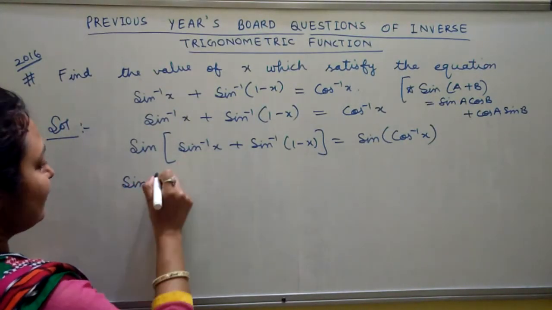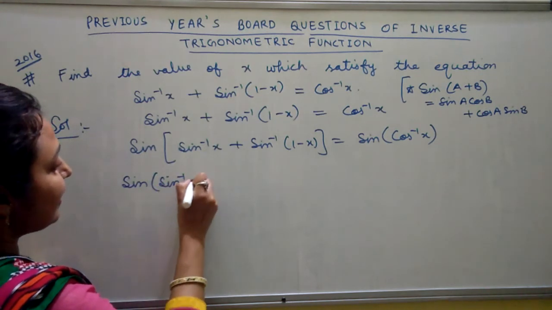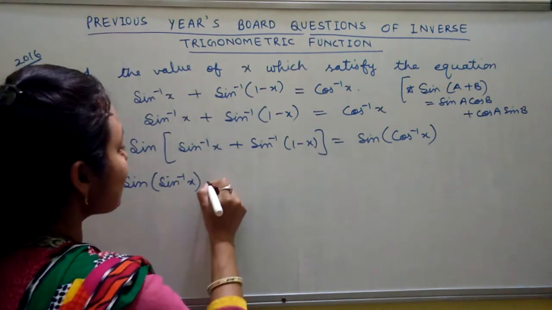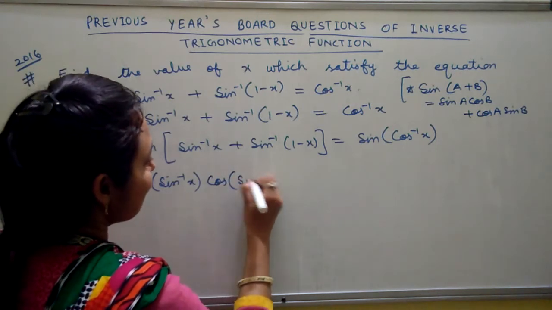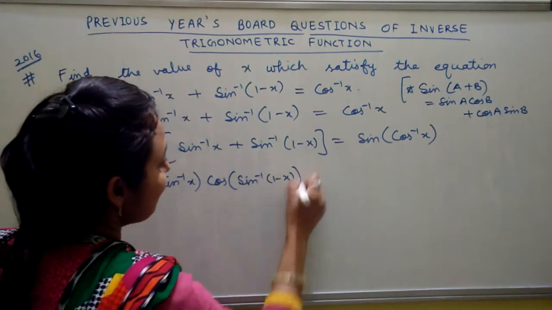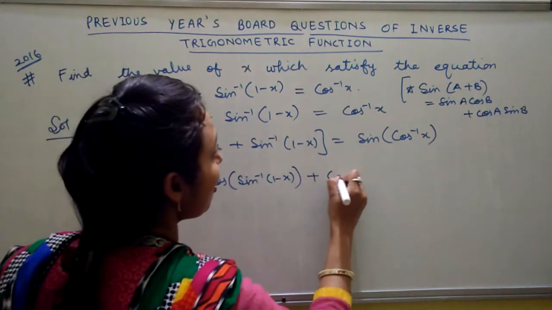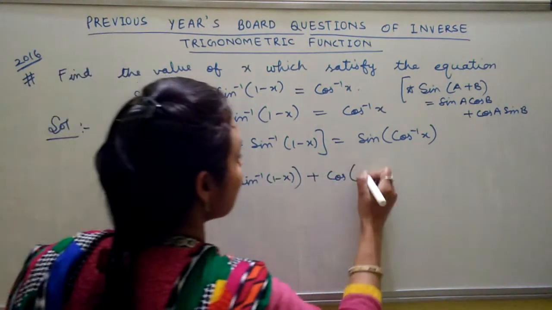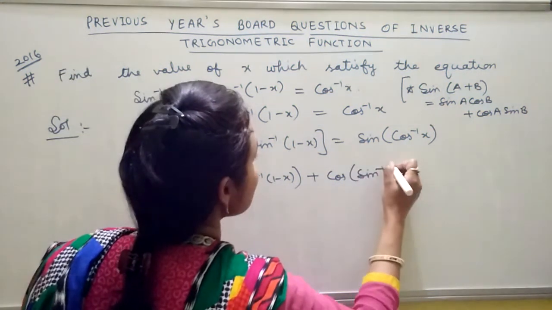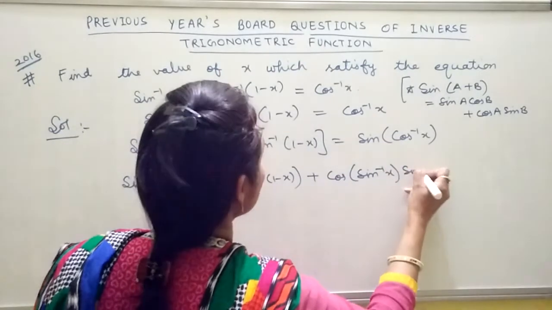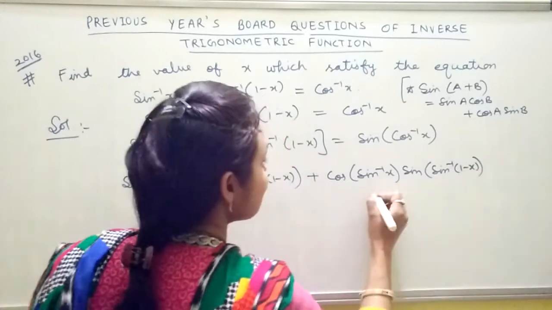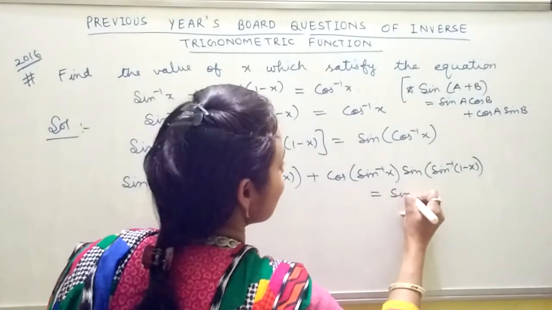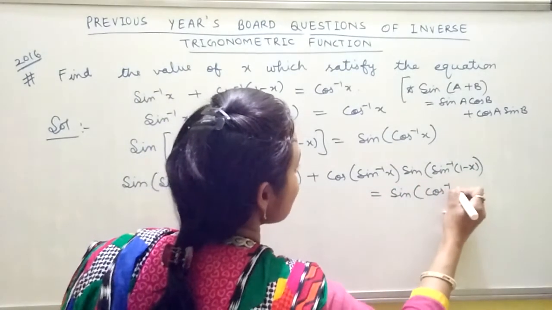Sine A cos B plus cos A sin B is equal to sine cos inverse x.